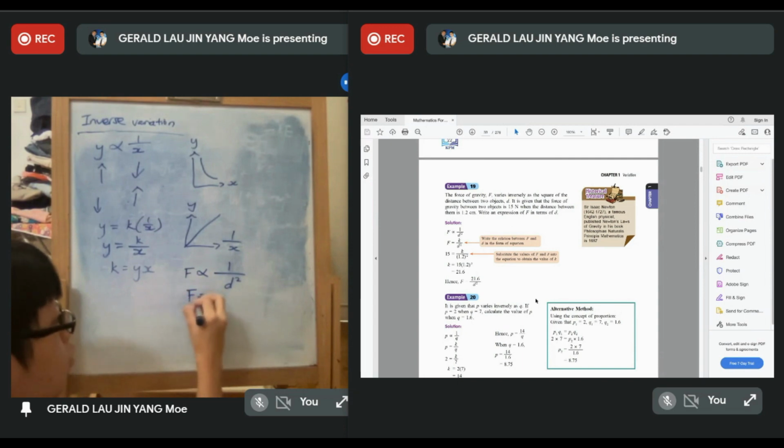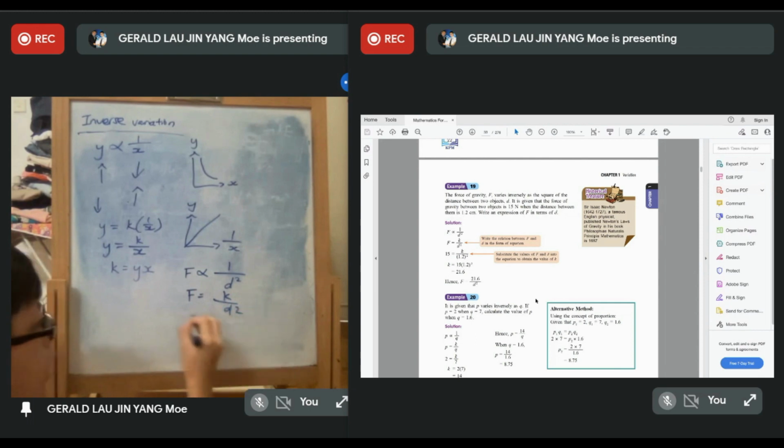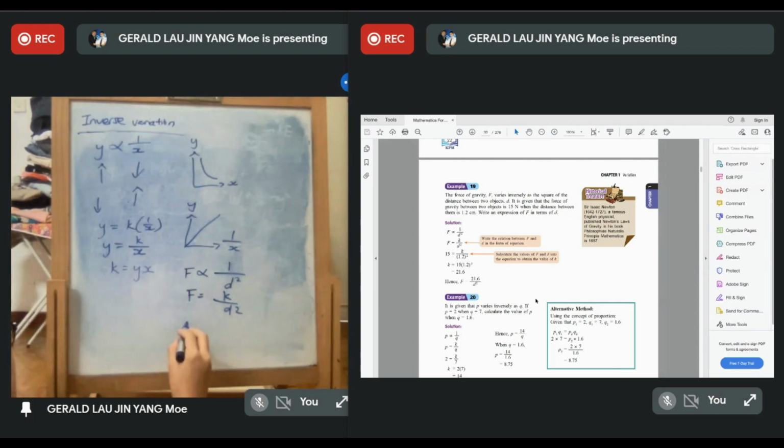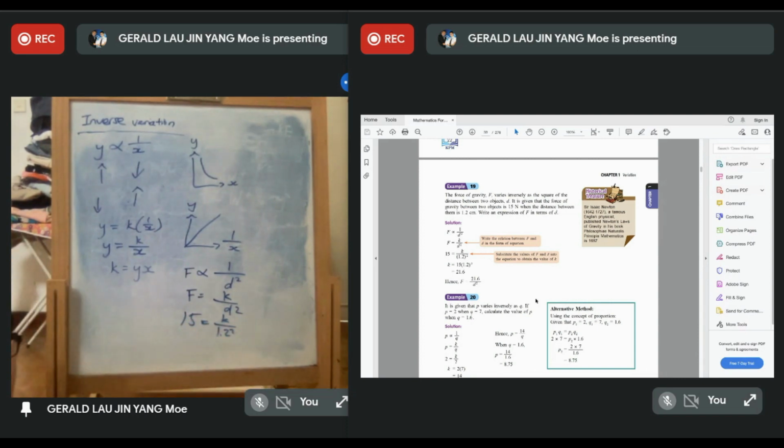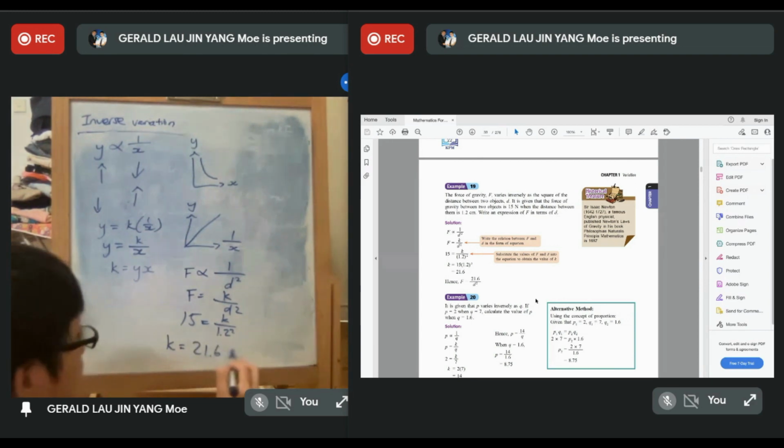So F equals the constant K over D squared. Then 15 Newton, distance is 1.2, so 1.2 squared. Then you get your K is 21.6. Then your final answer will be F equals 21.6 over D squared.